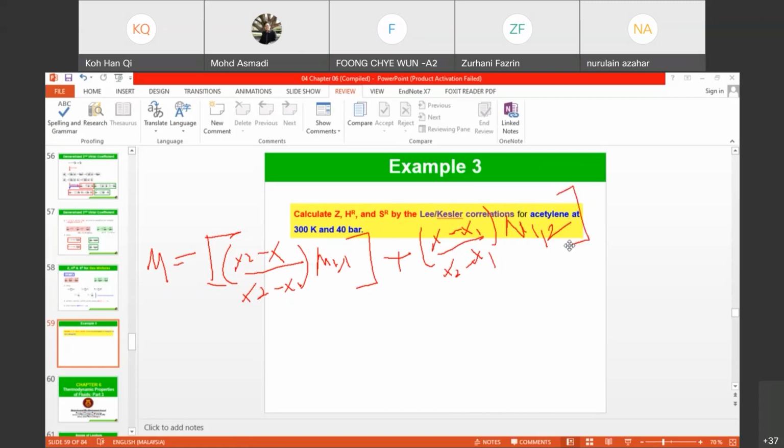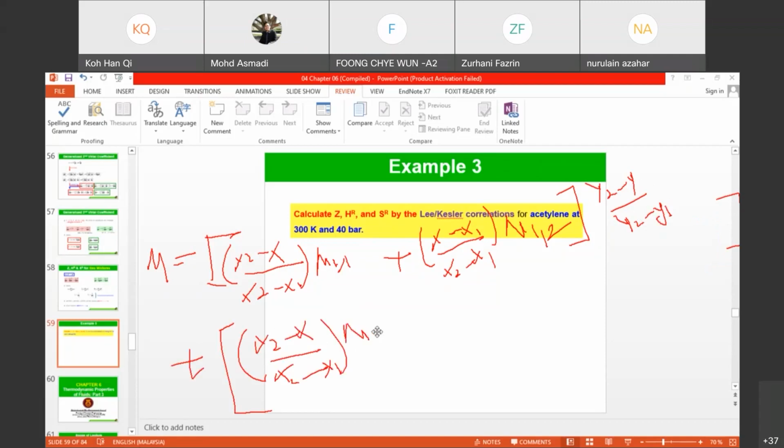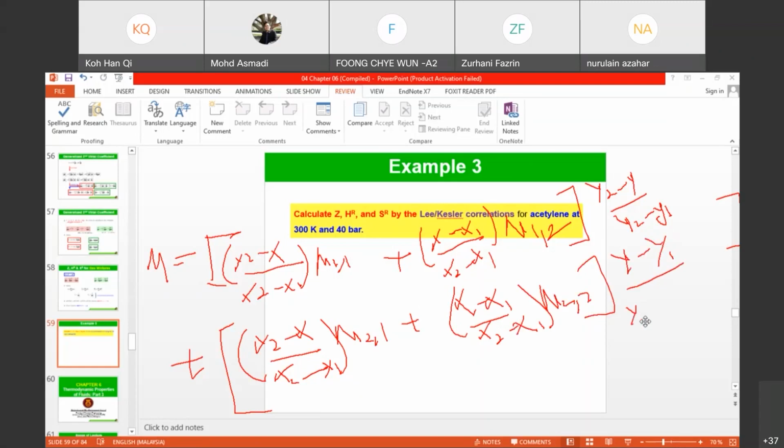Okay, this one, sorry, it is multiplied by y2 minus y divided by y2 minus y1, plus x2 minus x divided by x2 minus x1 times m21 plus x minus x1 divided by x2 minus x1 times m22, multiplied by y minus y1 divided by y2 minus y1. Okay, so this is how you do the interpolation.